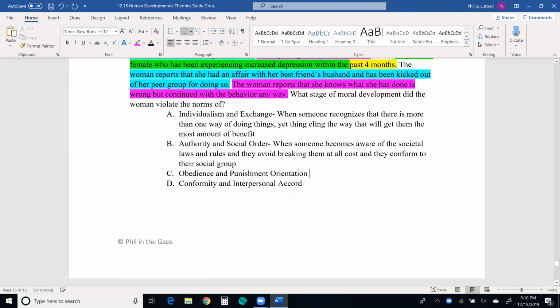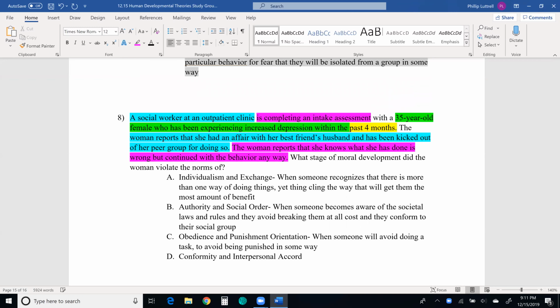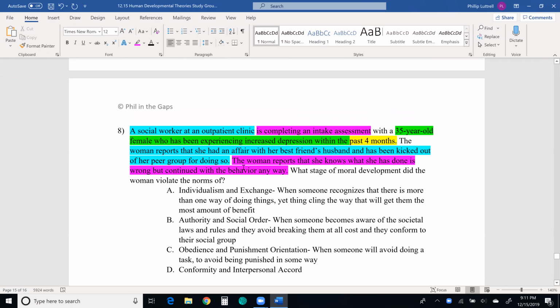Obedience and punishment orientation. When someone will avoid doing a task to avoid being punished in some way. So they know that they can get in trouble for a behavior, so they don't do it.